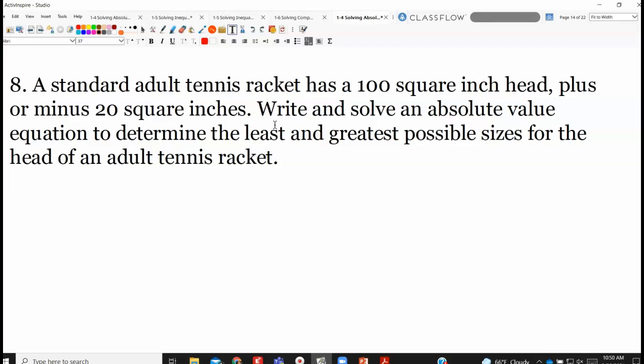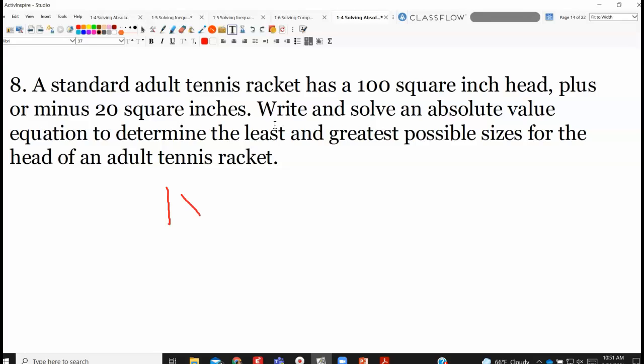And then last, a standard adult tennis racket has a 100 square inch head plus or minus 20 square inches. Write and solve an absolute value equation to determine the least and greatest possible sizes. So we know it needs to be able to be 100 plus 20 and 100 minus 20.